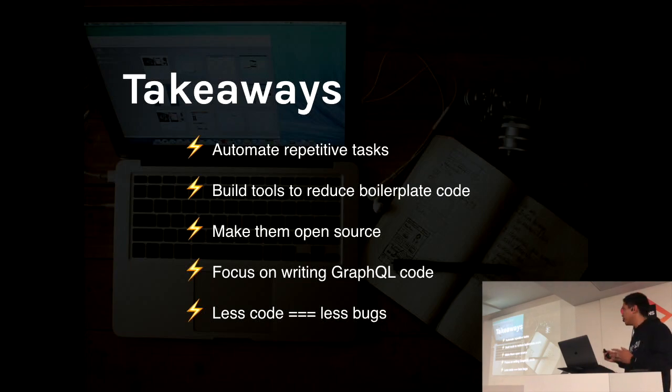You might want to create a tool that does that for you, or use an existing tool that does it for you. So it takes you some time away, and you get more time for doing actual other stuff or better stuff. And if your company or your client allows that, try to make it open source.